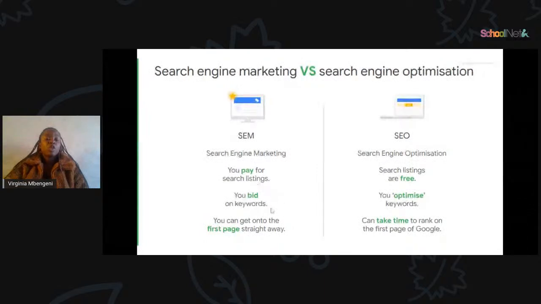So we also have SEO. SEO is free. So Monty decided to use SEO since he cannot afford the one that he can pay for. He used SEO because it's free, and you optimize keywords, but it can take time to rank on the first page of Google.